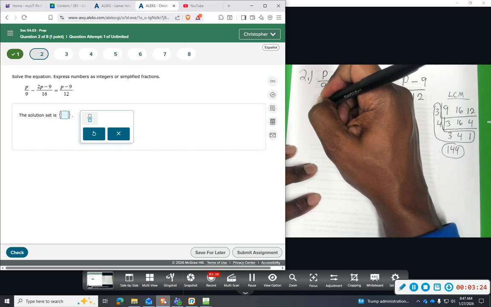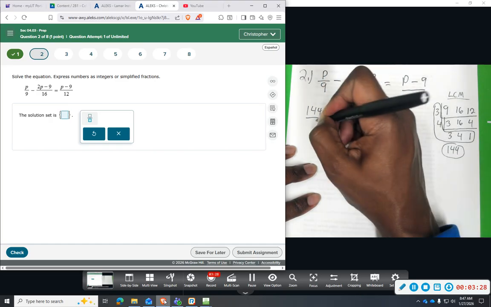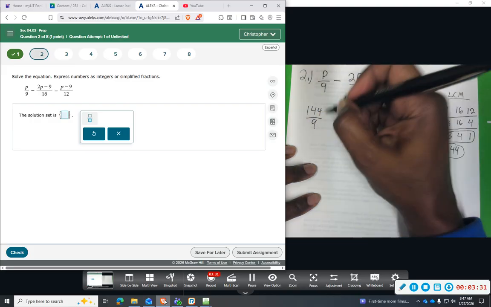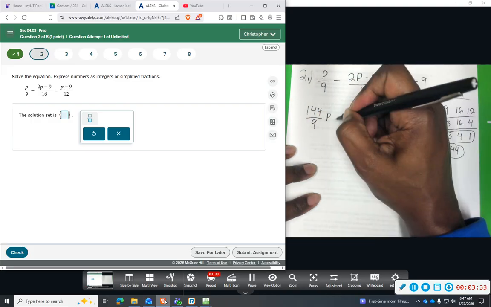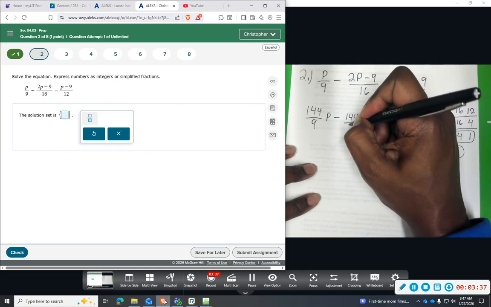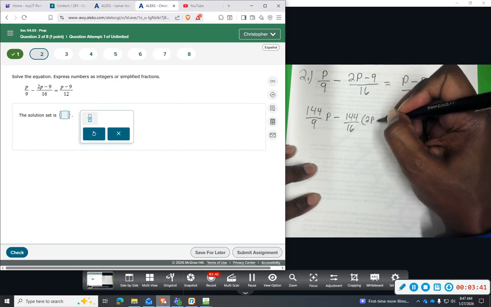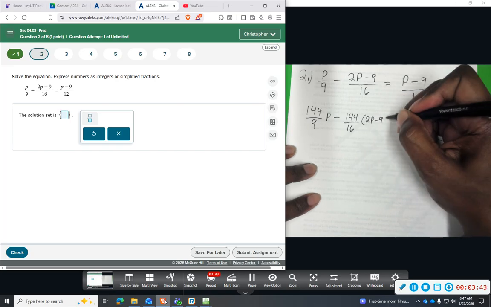Basically, I'm dividing, trying to get rid of the fraction, and I'm putting the p over here, and doing the same thing over here. 144 will get divided by 16, and then that expression 2p minus 9 is going to get multiplied.